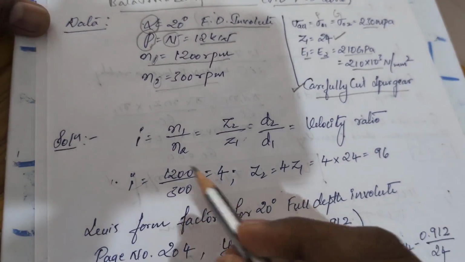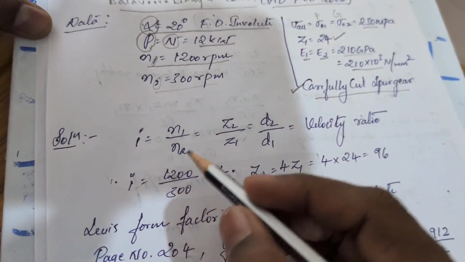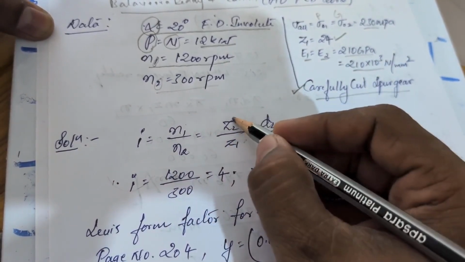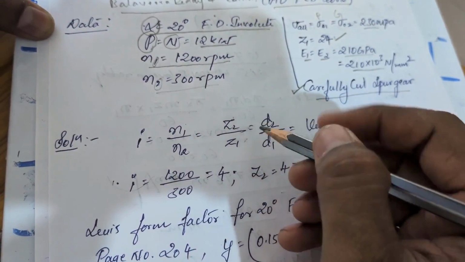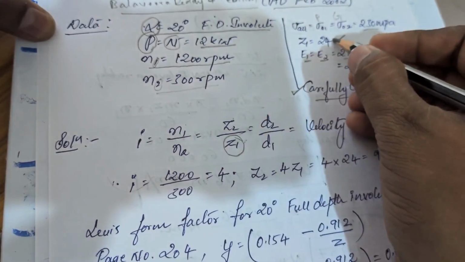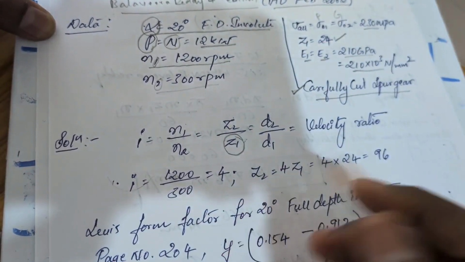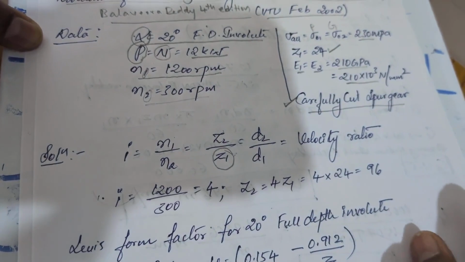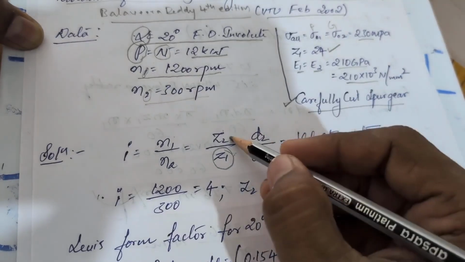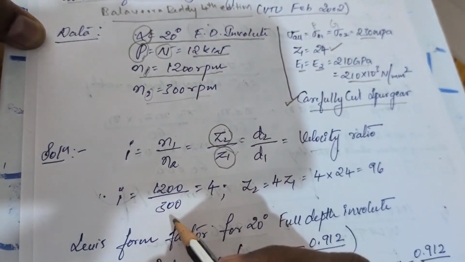So in this case, since n1 and n2 both are given, and also you have the value for z1, that is teeth on pinion, given as 24, what you can do is use the gear ratio or velocity ratio formula to calculate the teeth on the gear.